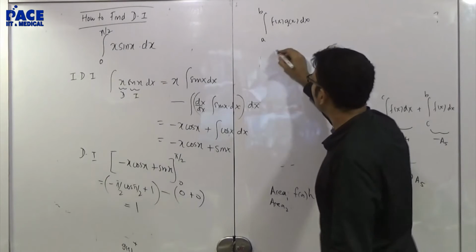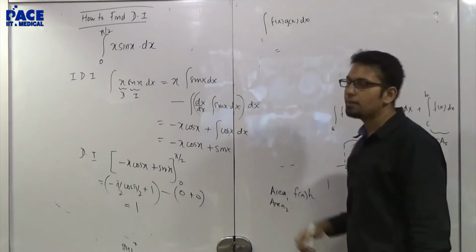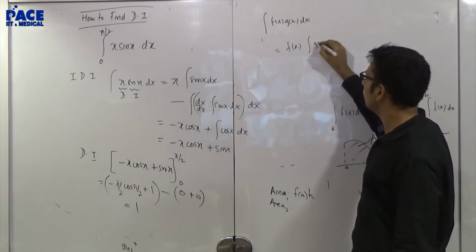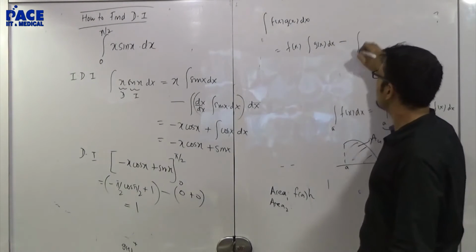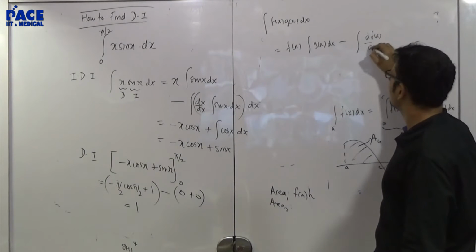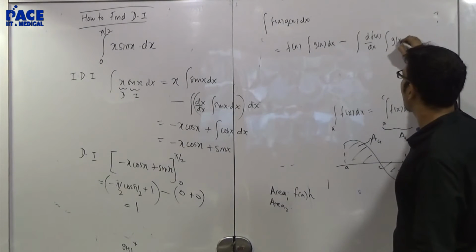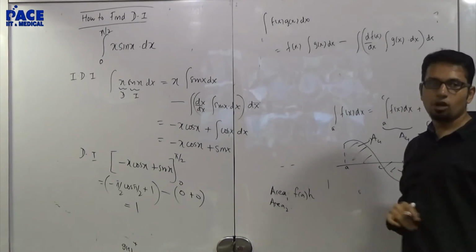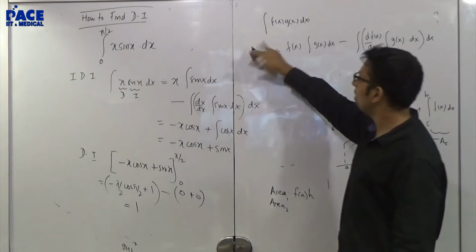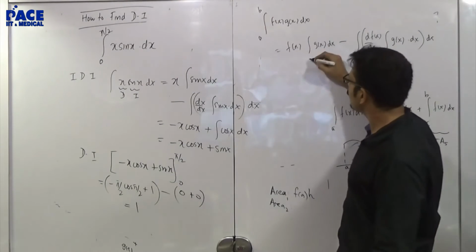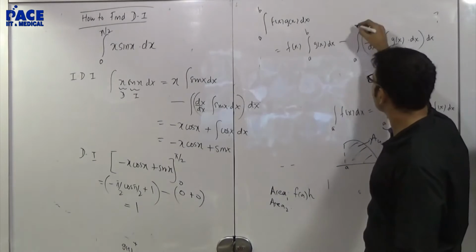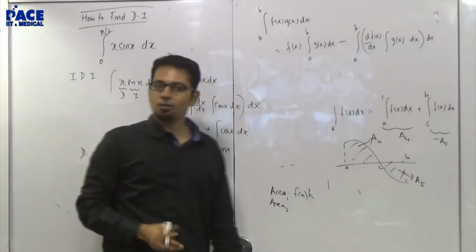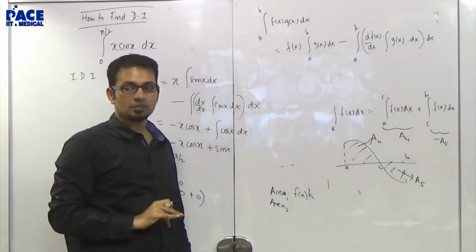Normally when we use by parts without the limits, suppose we are integrating g x. So f x into integral g of x minus integral of f dash into integral g. This is normal by parts. When I put limits a and b, is this right? We are putting limits on the first term, so put limits on the other also. Is this right? Why not?